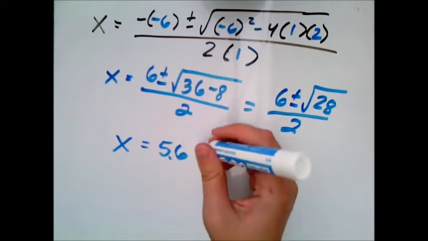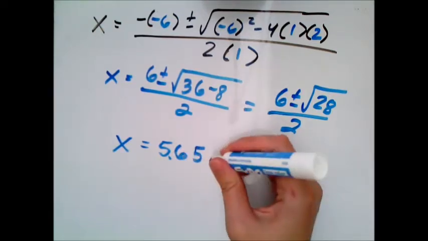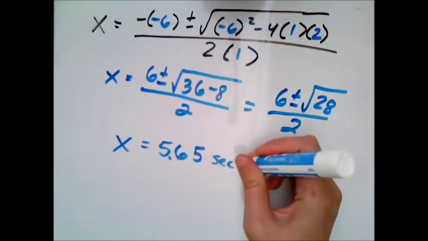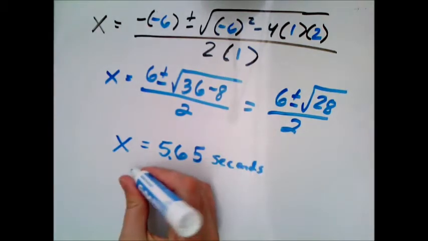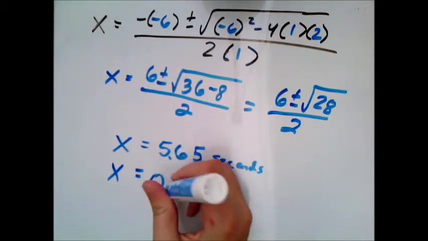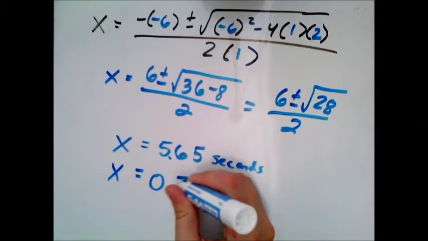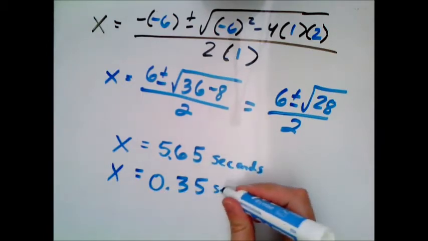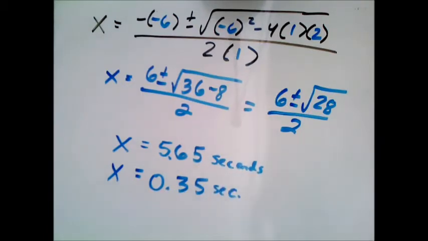So 5.645, which rounds up to 5.65. So there's one answer for when I'll hit 13 meters. And then the other one is if I do 6 minus square root of 28 divided by 2, which gives me 0.35 seconds. So two different answers there, two times: on the way up and then on the way down when it hit a height of 13 meters.